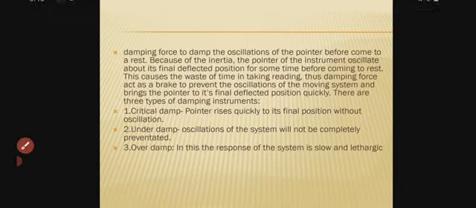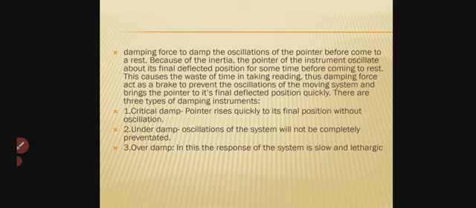Then, moving to the damping torque. One is deflecting torque, then controlling torque, then damping torque. Damping torque is to damp the oscillations of the pointer before it comes to rest.